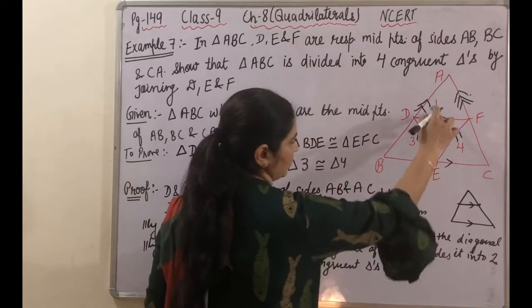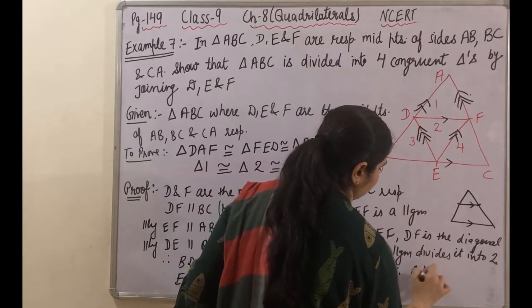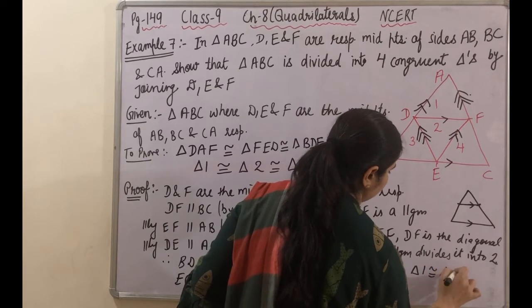Therefore I can use triangle 1 is congruent to triangle 2.